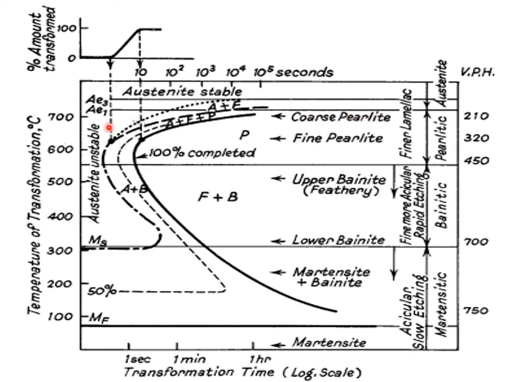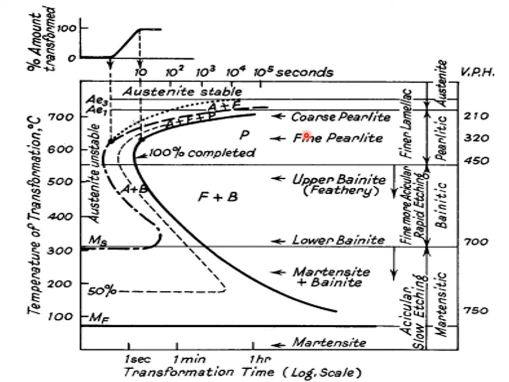And if you are below 600 and above 550, so if the transformation from austenite is starting from here, this region would have the austenite and pearlite, and the structure you'll be getting over here would be very fine pearlite.